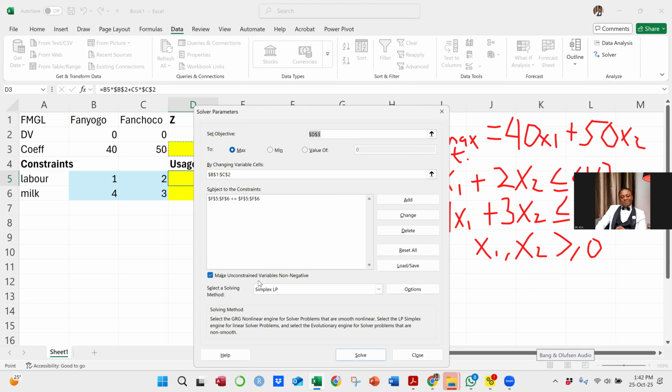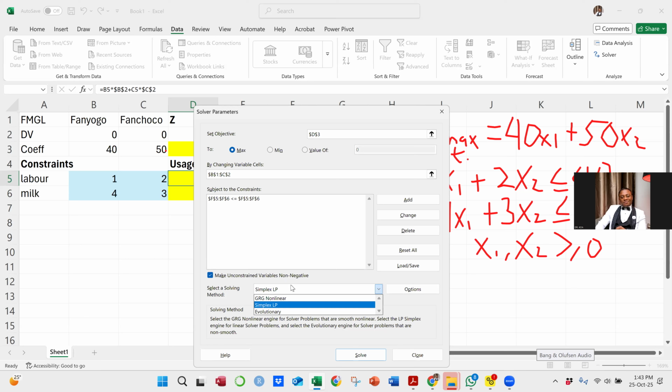Now you have one more thing to do. You see that check under the white space called make unconstrained variables non-negative. That is a non-negativity constraint. Then you will select a solving method. The solving method is not the usual one you know.